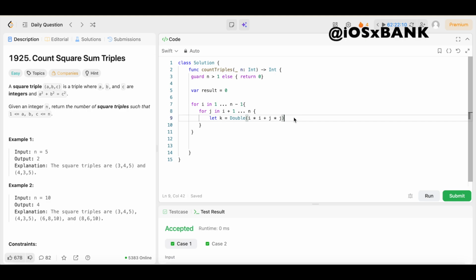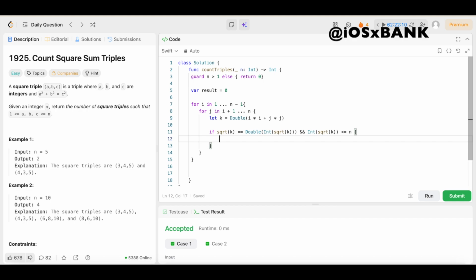So we'll come right here underneath this and say if sqrt(k) equals a Double, passing in an Int of sqrt(k), and two ampersands, then sqrt(k) less than or equal to n, boom, and open up the brackets.